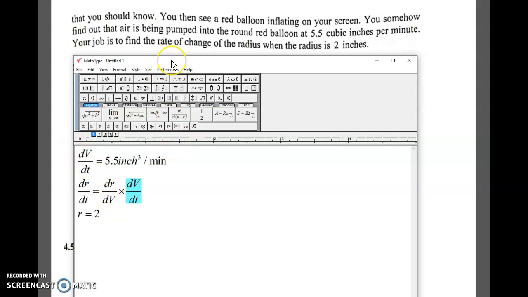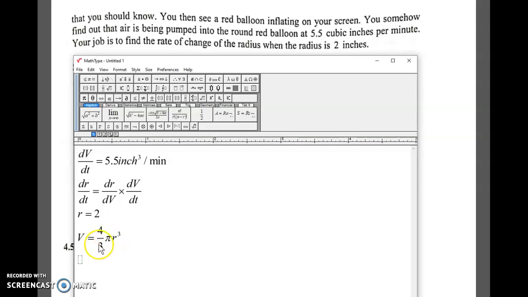So next is to look at the formula that we can use to calculate the volume of the balloon, with hope that we are able to find dr over dt. What is the formula of volume? The formula of volume is V equal to 4 over 3 pi r cube, which is the volume for a sphere.